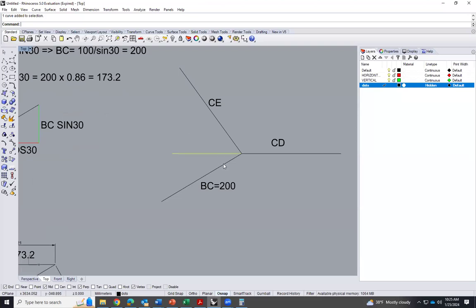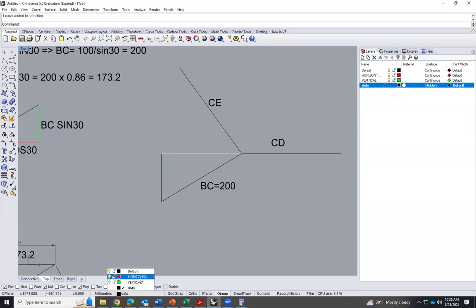Okay, so now we have this BC, this CE, and CD. And we have vertical and horizontal components. Okay, so what's the vertical component of BC? We have to draw a line, and it will be like this, okay?